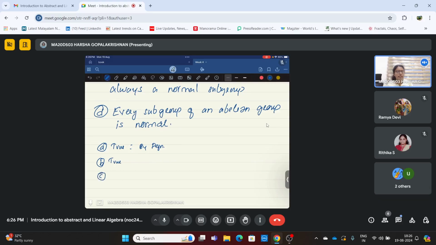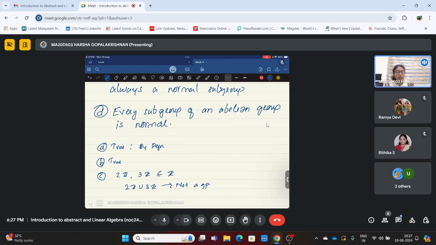And what about C? What we are saying is, if we are taking two normal subgroups, whether the union is a normal subgroup or not. The union need not be a group itself. For example, if I am taking 2Z and 3Z, both are subgroups of Z under addition. Now what is the union, 2Z union 3Z? It is not a group actually.